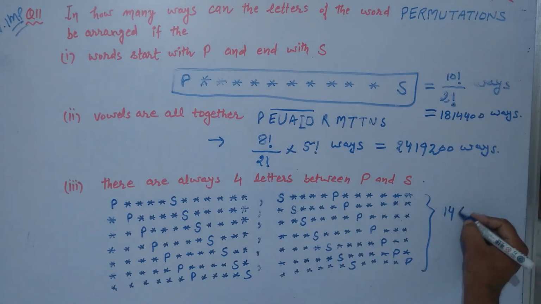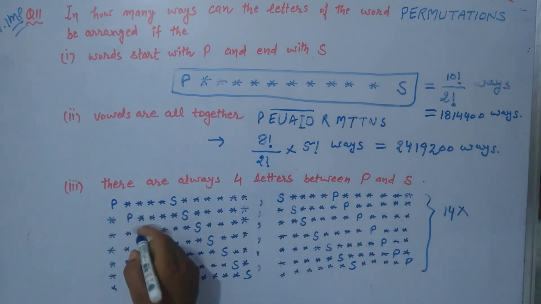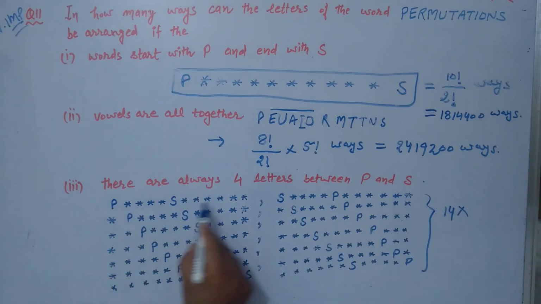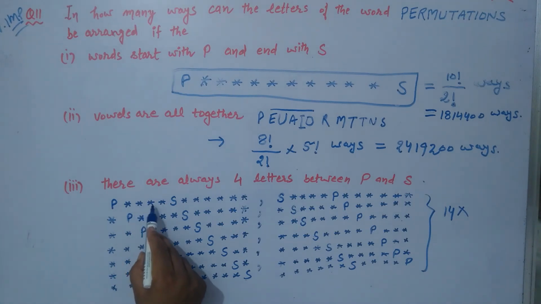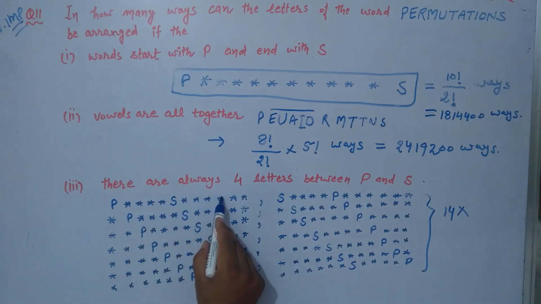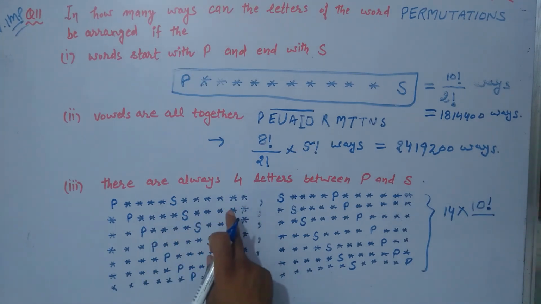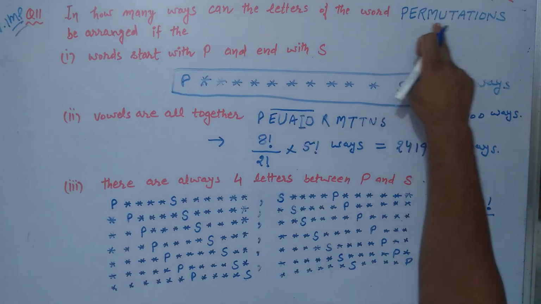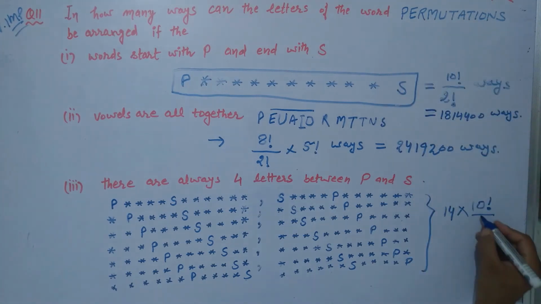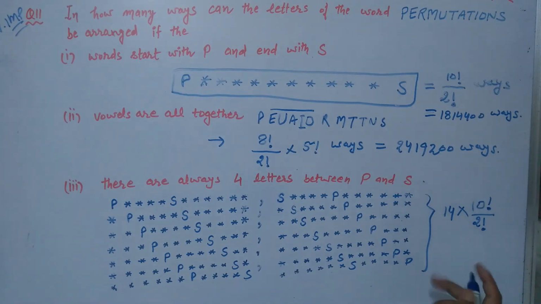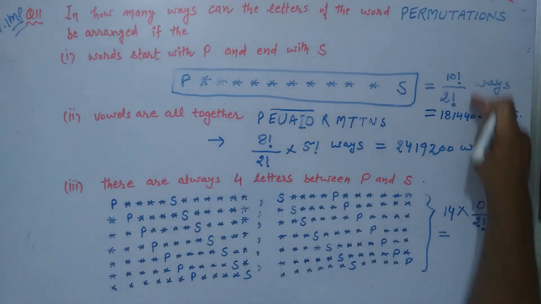So we write here 14 into, so how many stars are there in one row? 1, 2, 3, 4, 5, 6, 7, 8, 9, 10. So 10 factorial divided by, if there is a repetition of any letter and that is T, T is repeated 2 times. So this becomes 10 factorial upon 2 factorial.